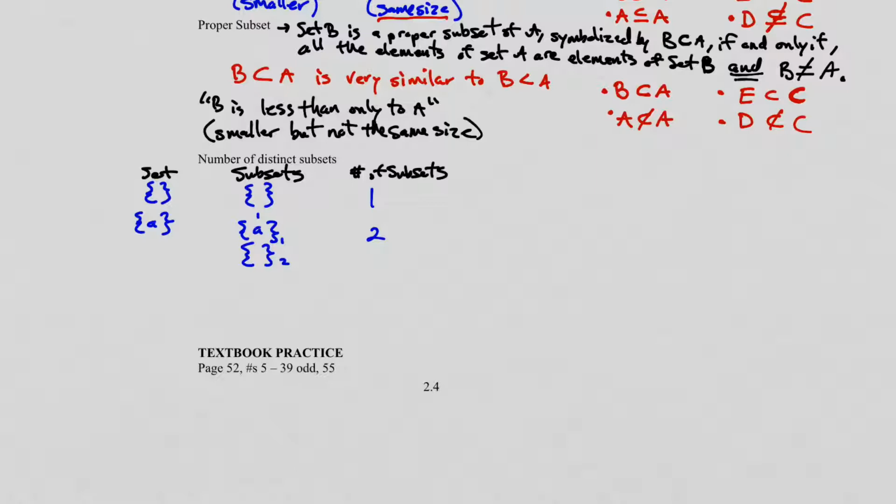What about if we put 2 elements in there? So this is where it's going to start to be a little bit more clear. So we have, let me break this up a little bit. We have itself, that's a subset, because remember, subsets can be equal to itself. It can be the same size.